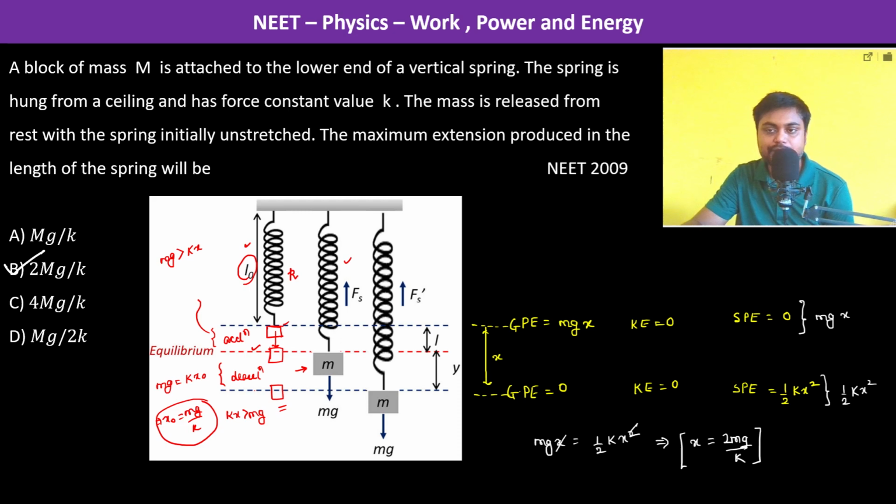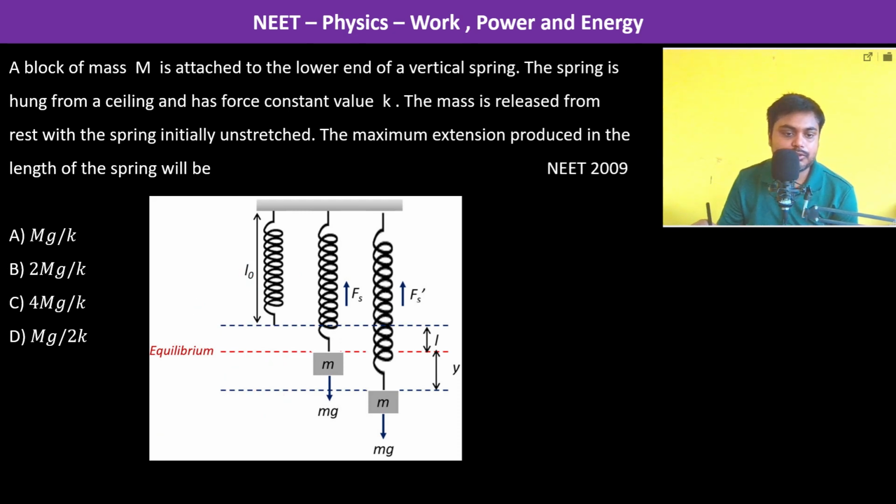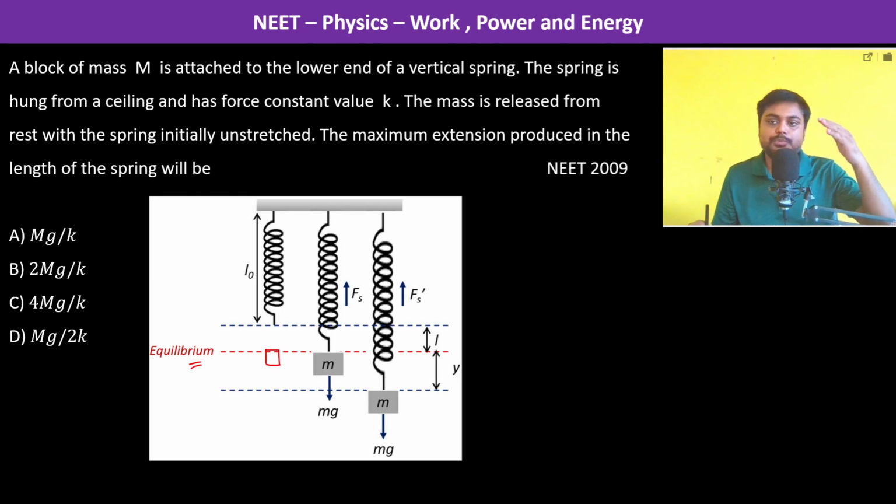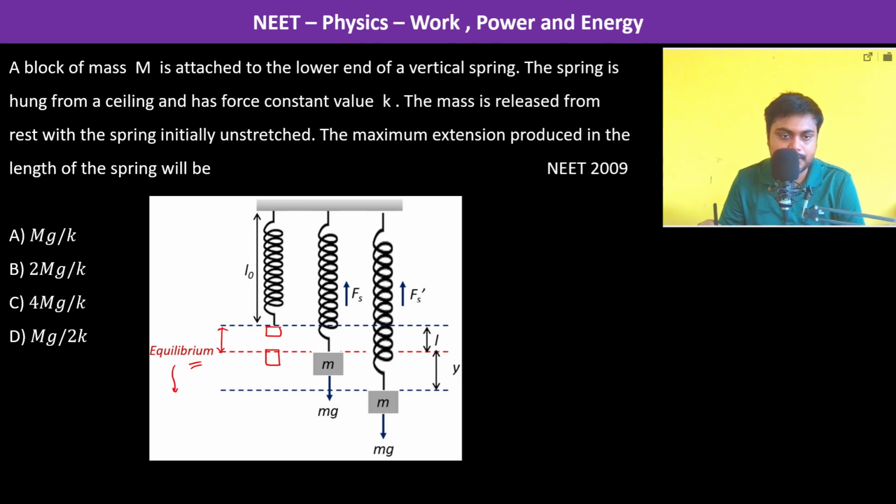We can also solve it by the SHM concept. You see this is the equilibrium, and about this equilibrium the spring is going to do simple harmonic motion. Since initially it was here, at equilibrium position kx naught is equal to mg, so x naught is equal to mg by k.